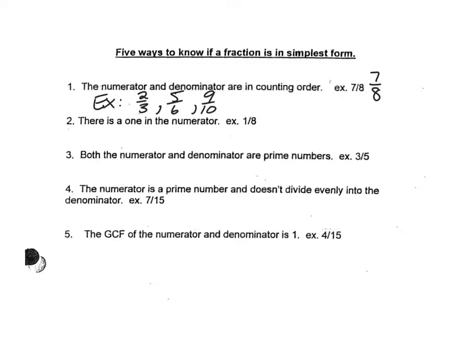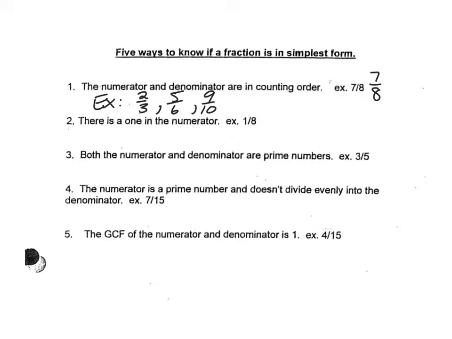Just write a few more to solidify that in your mind. If you get a fraction like this as a final answer, you know you can just shut it down. Boom, I'm done.